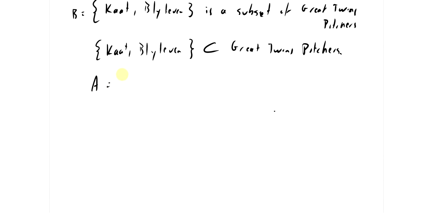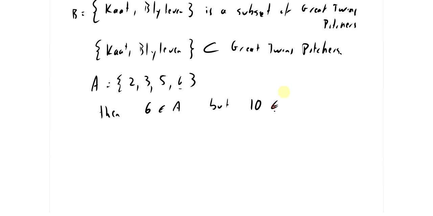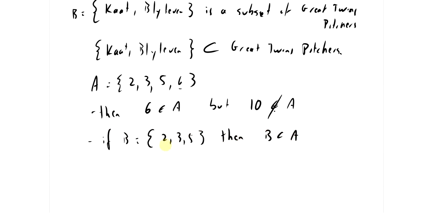If A is a set that consists of the numbers 2, 3, 5, and 6, then 6 is an element of A, because 6 is in the list somewhere, but 10 is not an element of A, because 10 is not in the list for A at all. So, if we set B equal to the set 2, 3, 5, then B is a subset of A, since everything in B is in A. So B is a subset of A.